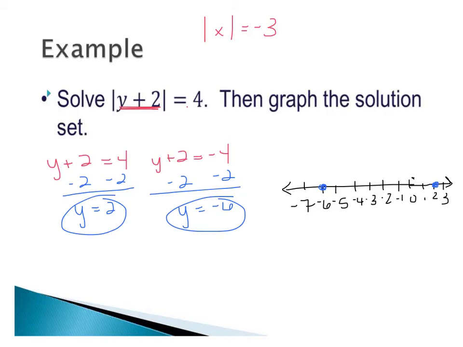Now, before we leave this example, I want to show you something. If we find the midpoint between 2 and negative 6, what is it? It's negative 2, right?